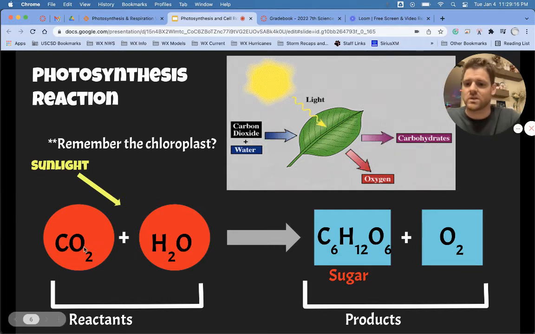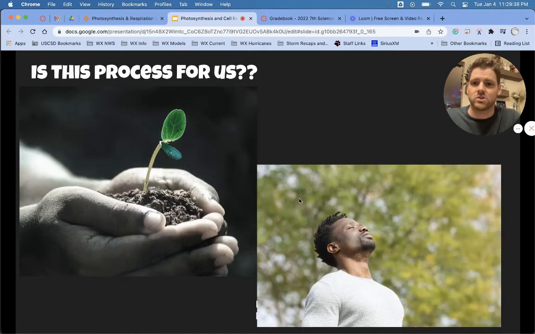So once again, we take carbon dioxide and water, we add these things together. The sunlight comes in there, it gives this thing a little boost for this reaction to take place, and then we get sugar, we get food. Plants need food. This is their food. Photosynthesis makes plant food. So it produces that sugar and it also produces that oxygen.